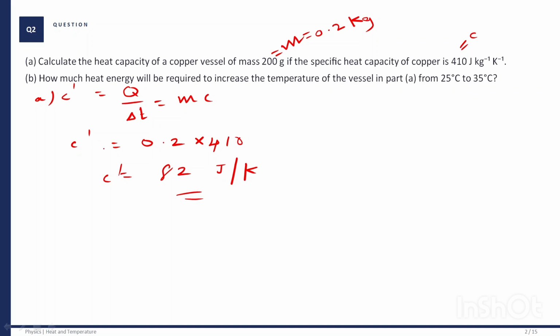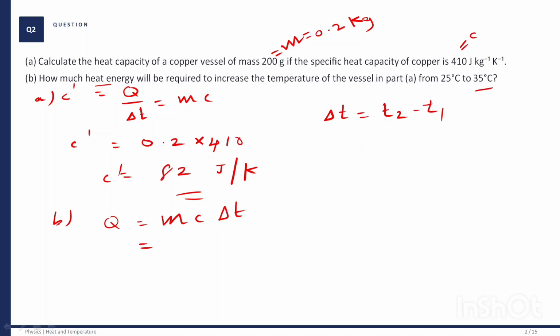The next one, he asked to find the heat energy. Part B: Q equal to mc delta T, where m is the mass of the substance, C is the specific heat capacity, delta T is the change in temperature, and delta T can be written as T2 minus T1, where T1 is the initial temperature, T2 is the final temperature.